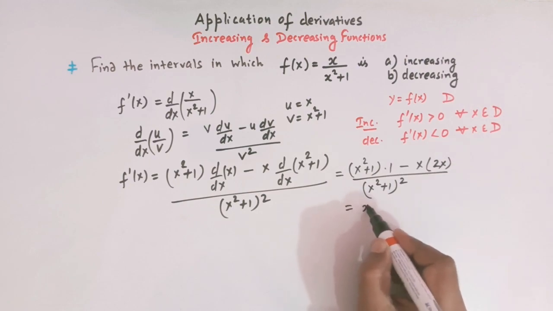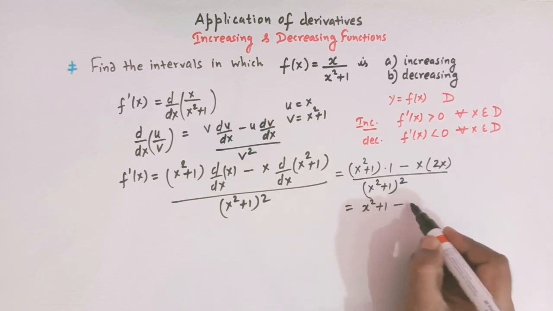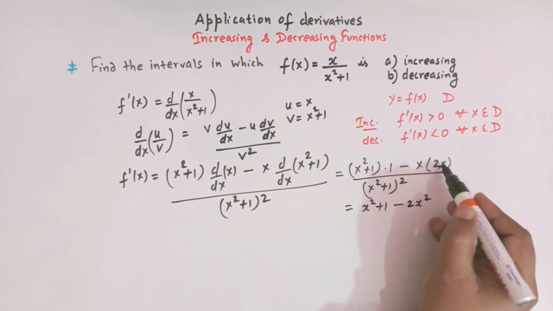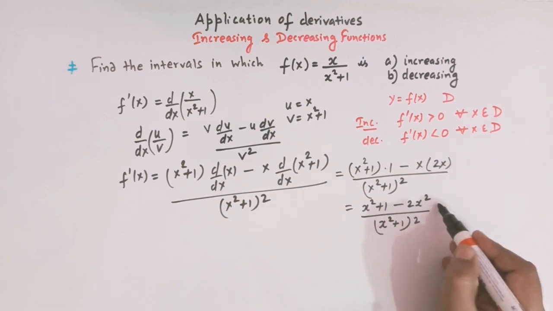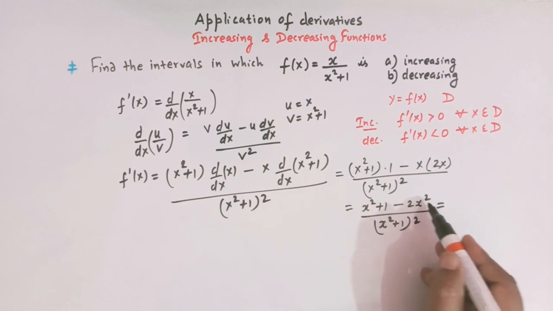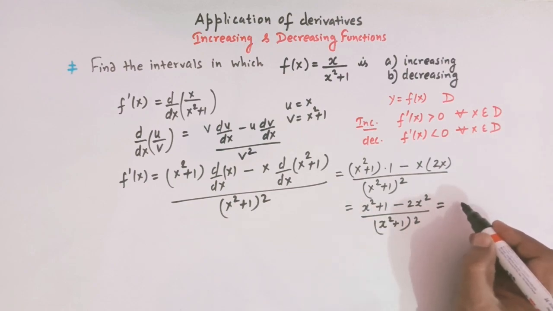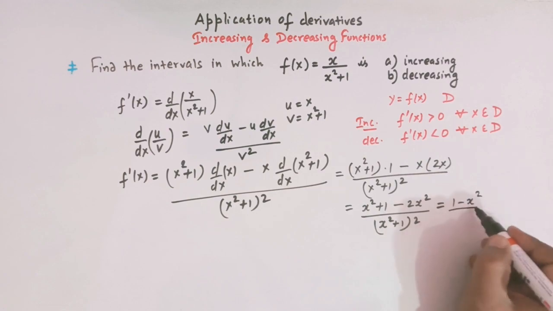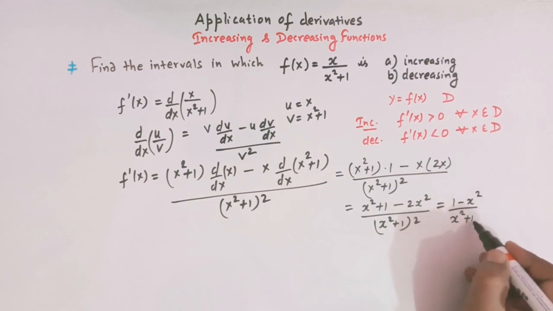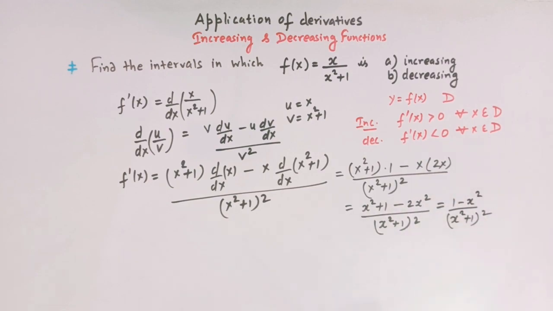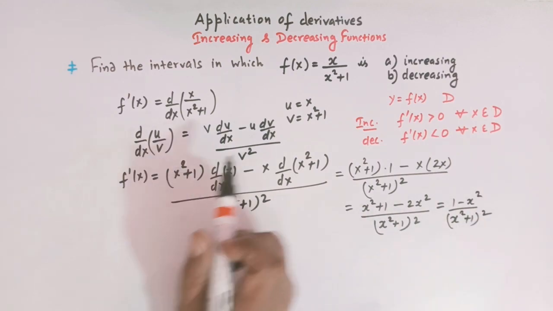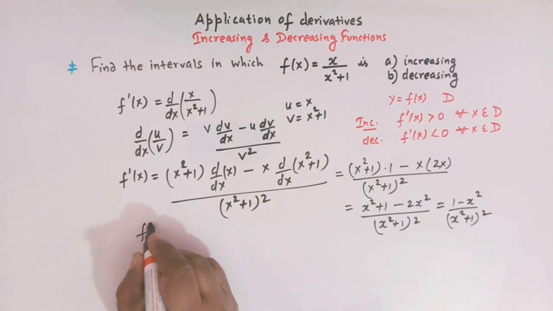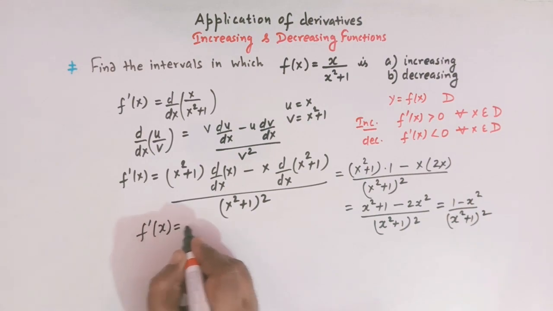This is x square plus 1 minus 2x square, over x square plus 1 whole square, and x square minus 2x square is minus x square, so we have 1 minus x square over x square plus 1 whole square, right? So this is the derivative of this function f of x, right?